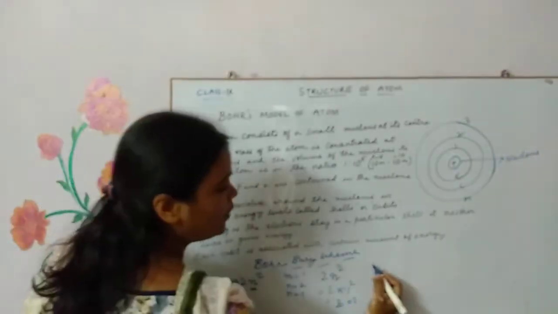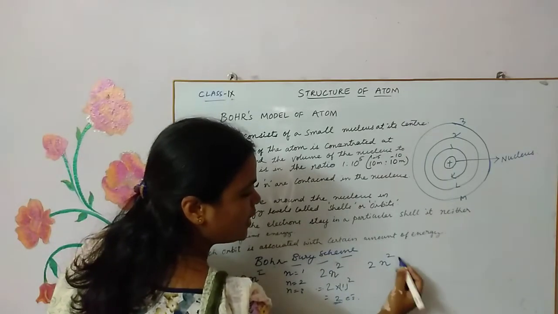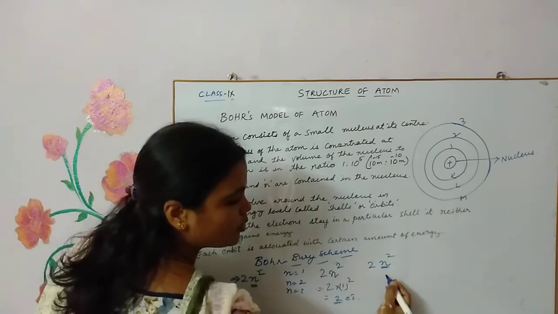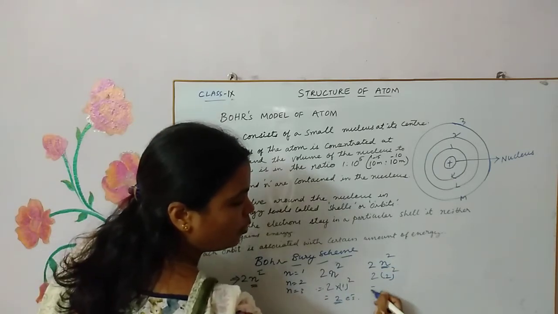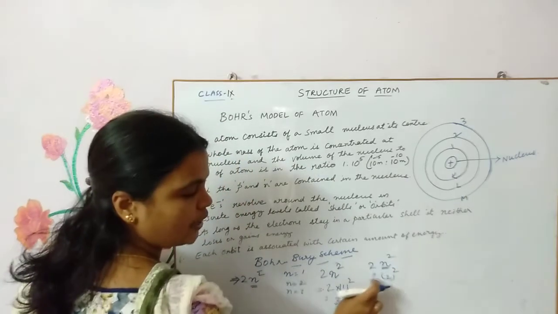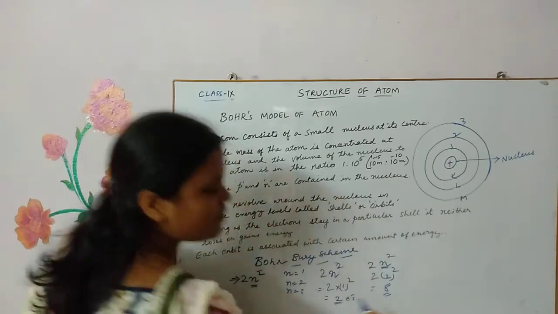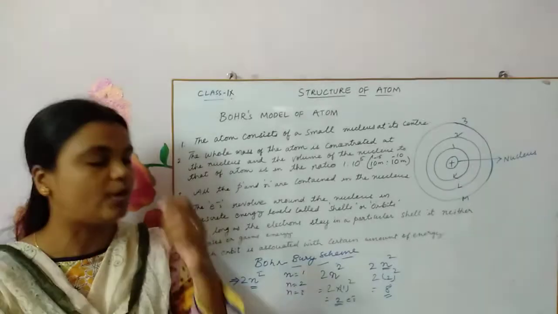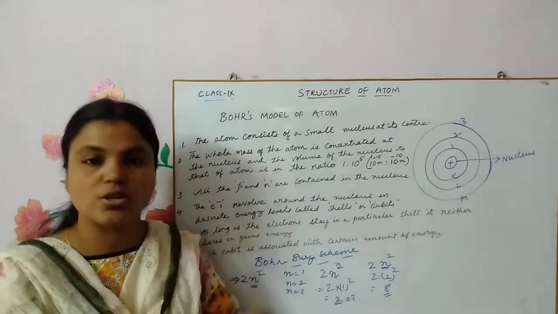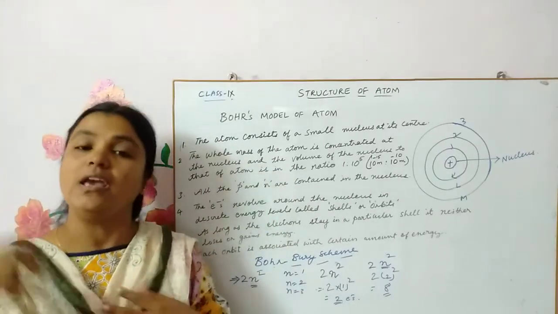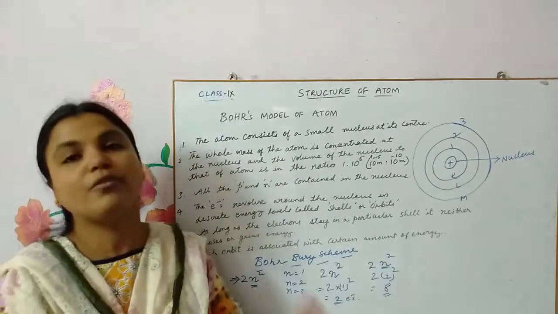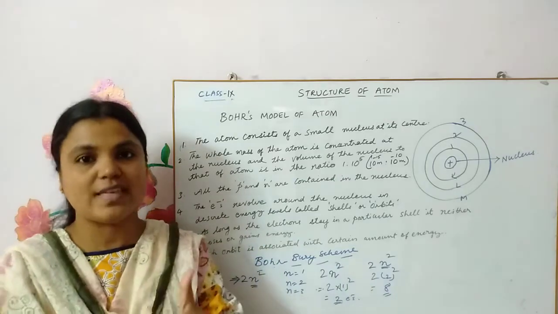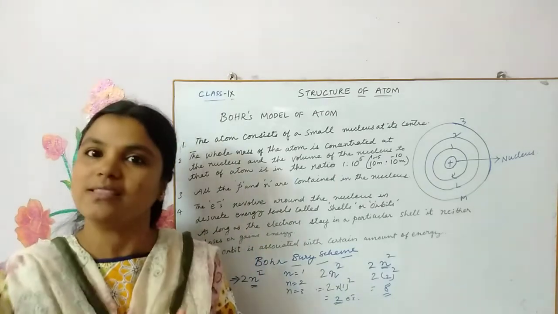Now how many electrons can be present in the second shell? In place of n you write 2. 2 squared is 4, and 2 into 4 is 8. A maximum of 8 electrons only. After that, any other electron will go to the third shell.